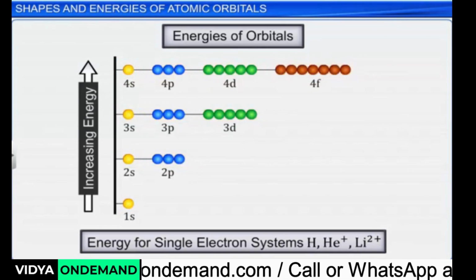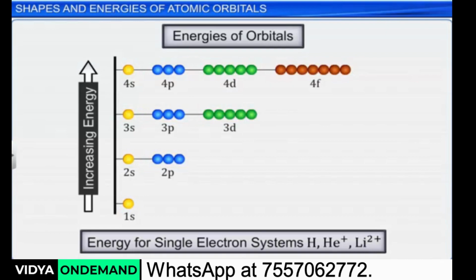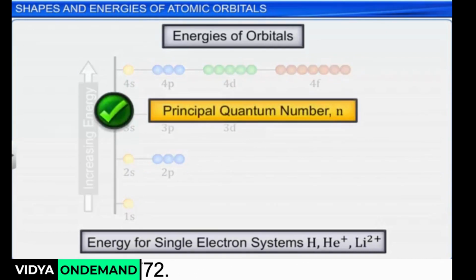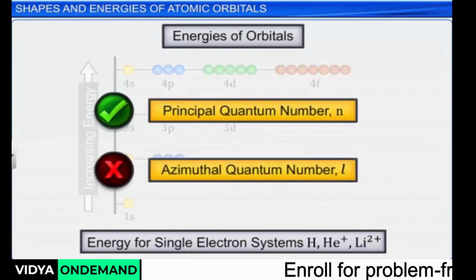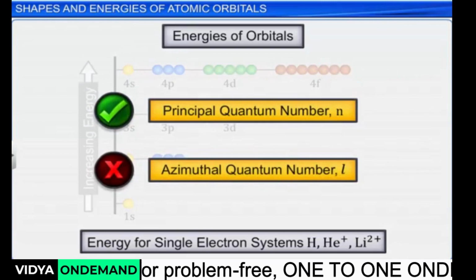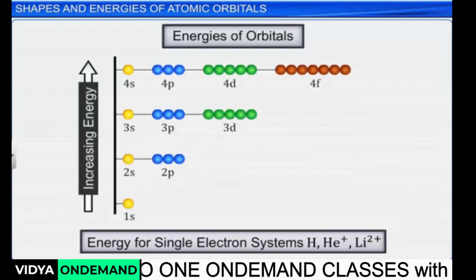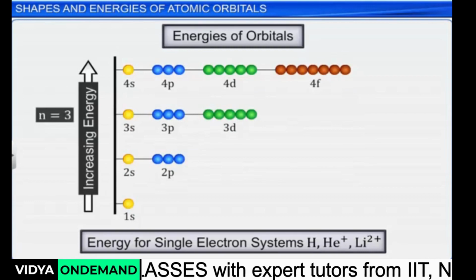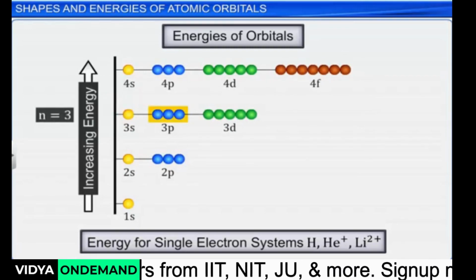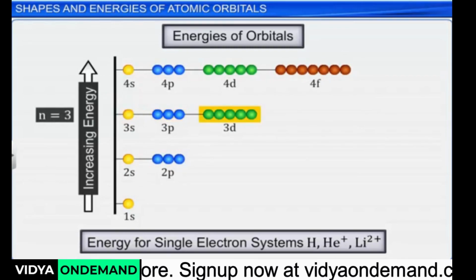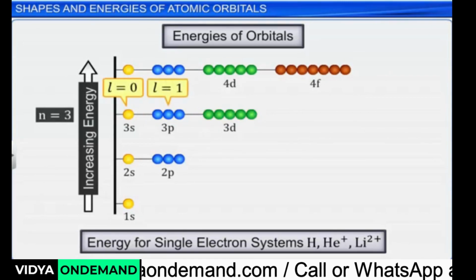That is, the energy of an electron exclusively depends on the principal quantum number and not on the azimuthal quantum number. For example, the energy of an electron present in 3s, 3p, or 3d remains the same, irrespective of it having different values of azimuthal quantum number.